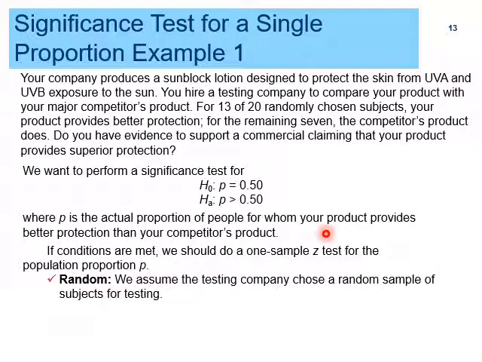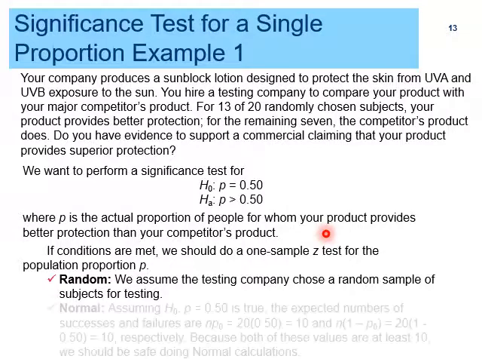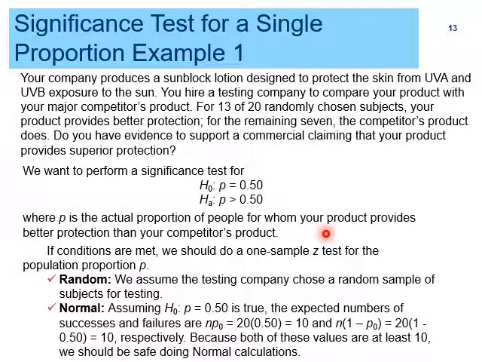Random: we assume the testing company chose a random sample of subjects. Normal: assuming the null hypothesis is true, the expected number of successes and failures, that is n times p naught, is equal to 10, and n times 1 minus p naught is equal to 10. Because both of these values are at least 10, we should be safe doing the normal calculation.